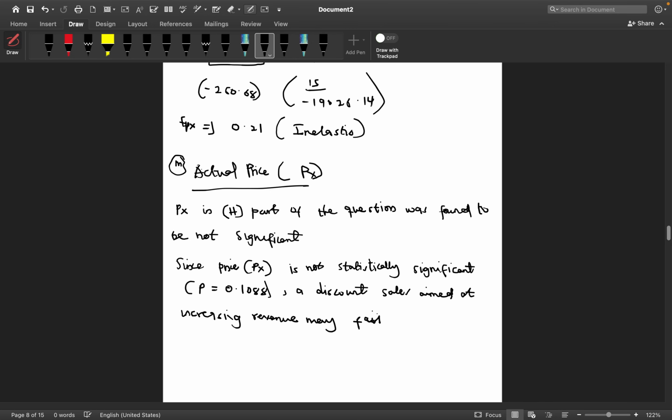Since price was found to be not significant, it means that the discount sale which is aimed at increasing revenue may fail. That's the end part of the question.